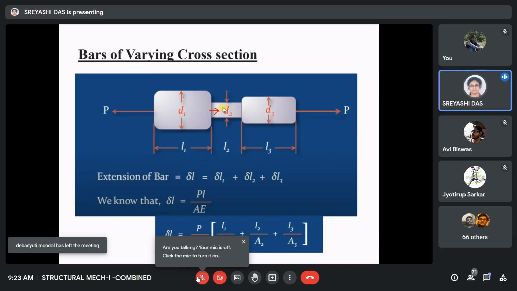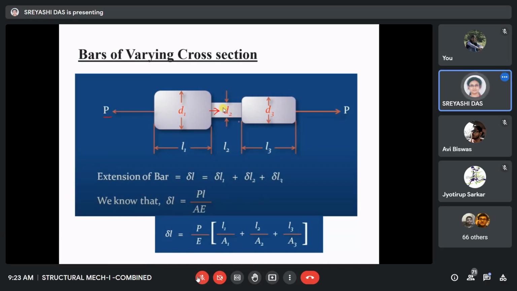So the first part is subjected to a load P. Again for the second part also, P will be here and P will be here. Because all these loads are axial, all the members will be subjected to the same axial load, and there is no load acting in between. So all the members are subjected to the axial tensile load of P.